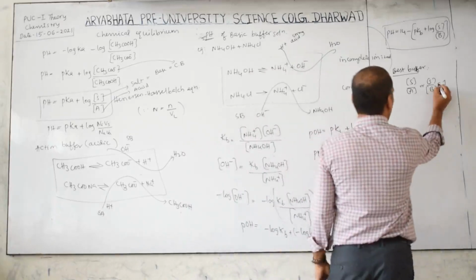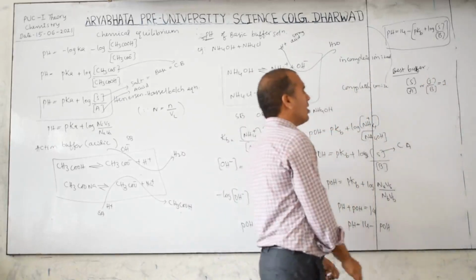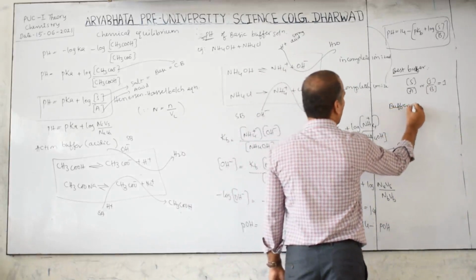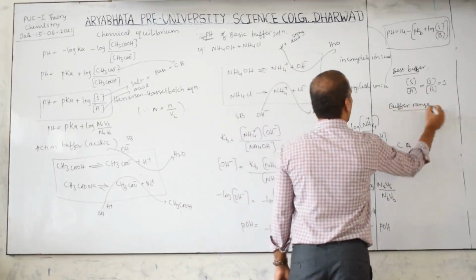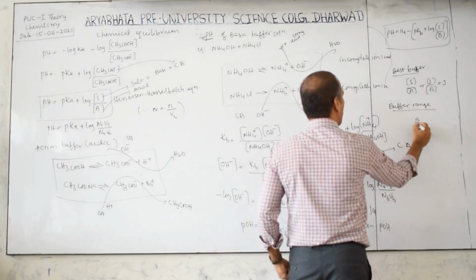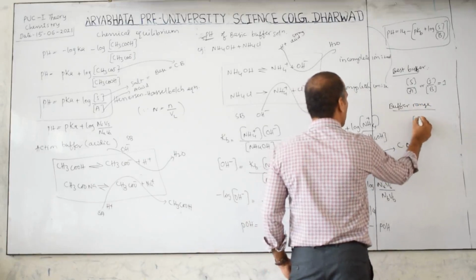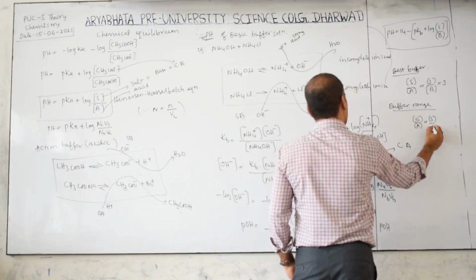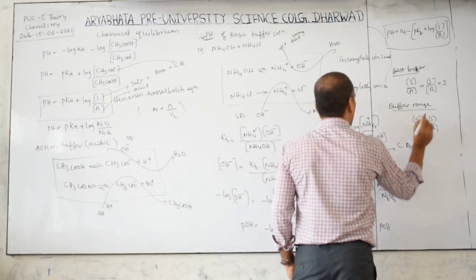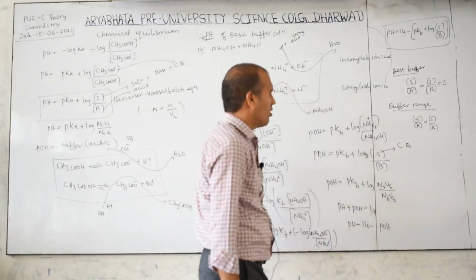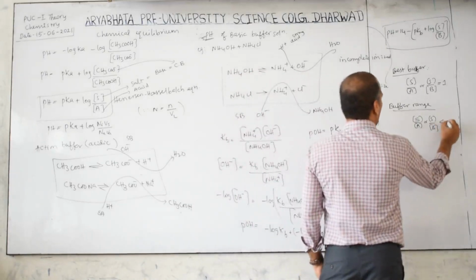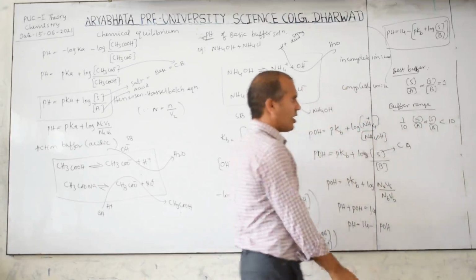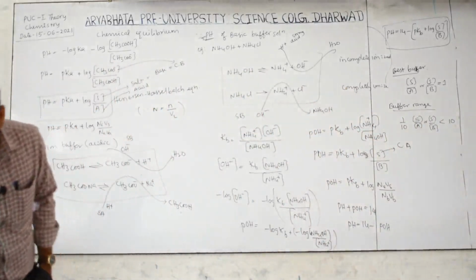No problem. Otherwise the buffer range is when salt by acid concentration or salt by base concentration should be 10 or 1 by 10. In this range, that is the buffer range.